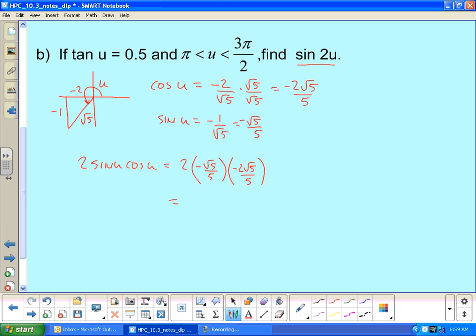This becomes -4 times, positive 4 times 5. So we have 20, because the square root of 5 makes a 5. 2 and the -2 makes a -4, and that negative with the square root of 5 makes positive 20 over 25. Leaving me with 4/5.